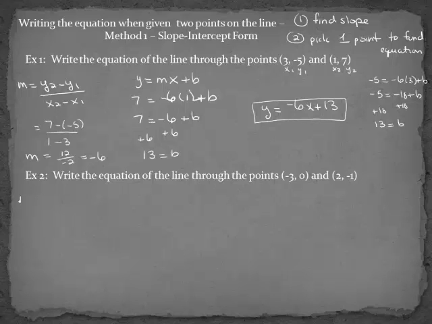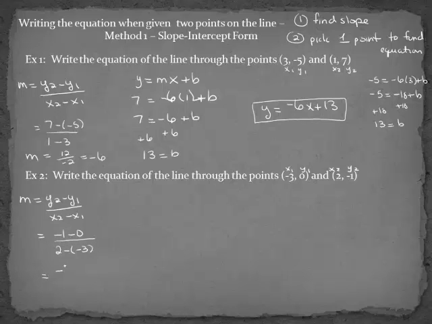Here for our second example, I'll find my slope again. I call this x1, y1, x2, y2. I have -1 minus 0 over 2 minus -3.